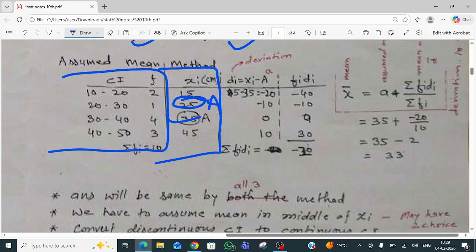So di, which stands for deviation, is equal to xi minus a. So we write this, we get fi di, and then after di and fi, we find the product of di and fi. So the formula for the assumed mean method is mean is a plus sigma fi di by sigma fi.